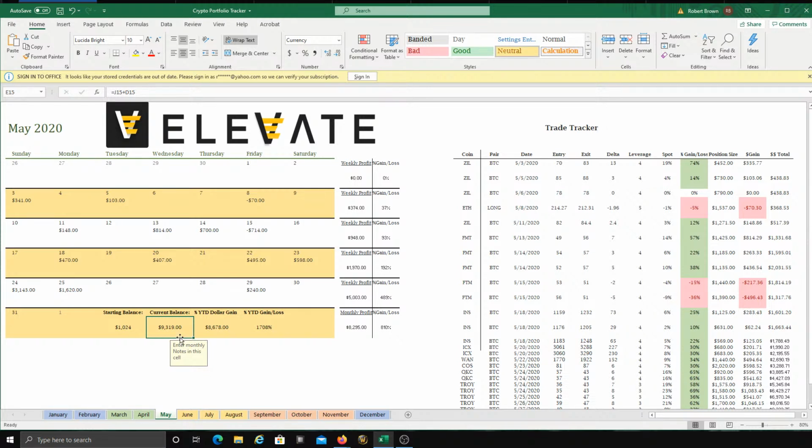My goal is when I get to $10,000, I'm going to take out my initial investment, which is $500, and put that back in the bank. Then on top of that, I'm going to reward myself and maybe take out another $500 and treat myself. Put that in the bank too.